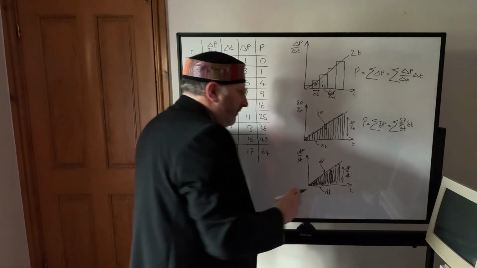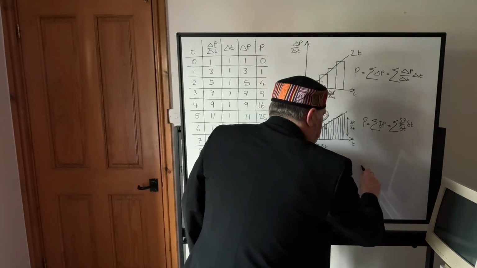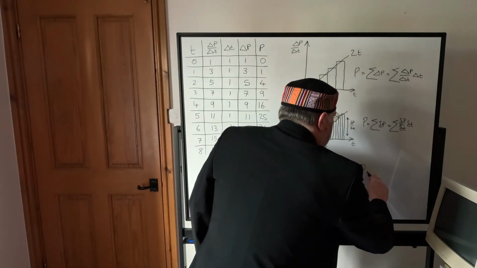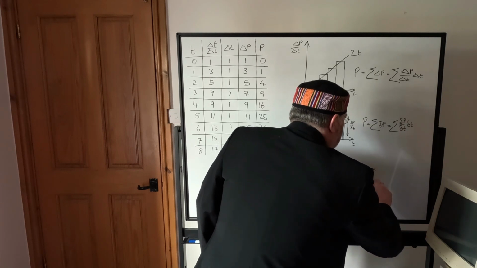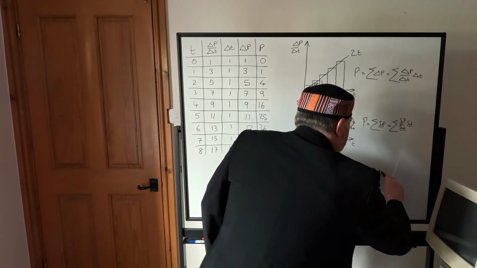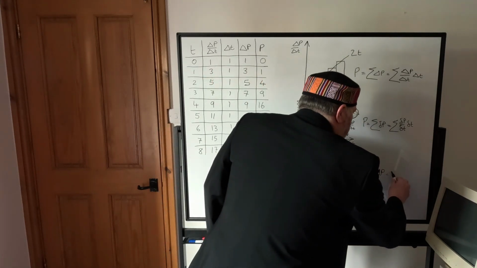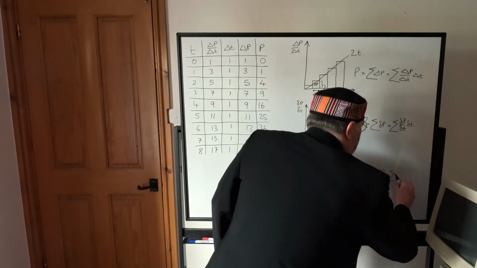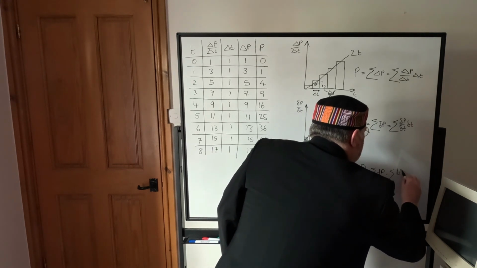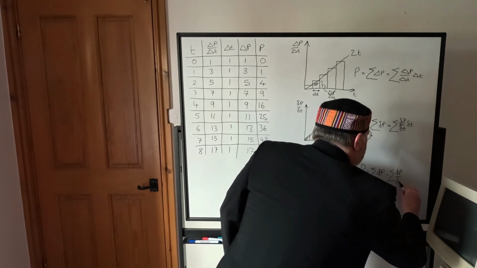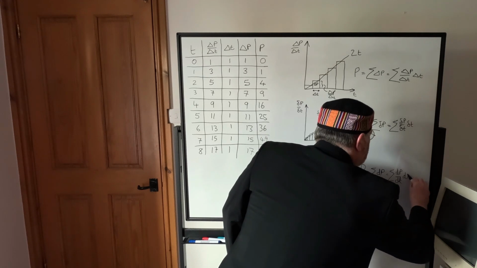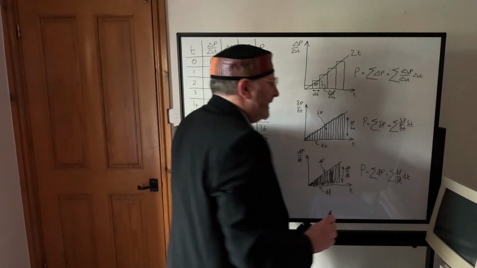And so for the last one, it's going to be p equals the sum of these infinitely narrow dp's, which is the same as the sum of dp by dt times dt.